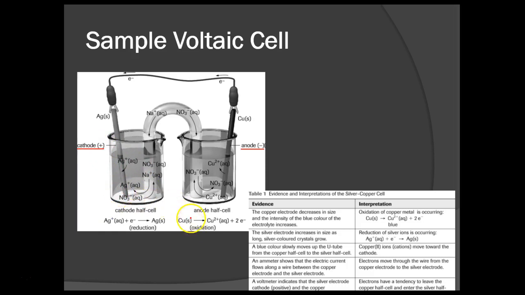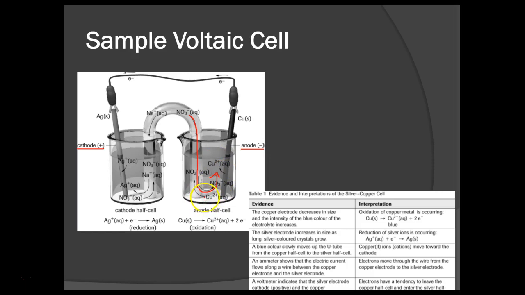In order to combat this, remember the salt bridge is filled with something very unreactive, like in this case sodium nitrate. So the nitrate ions that are negative are going to move out of the salt bridge and into the solution on this side, bringing more negative to this side to try to balance out the buildup of positive over here.